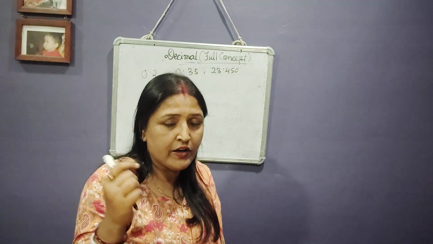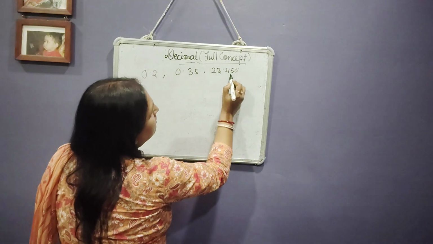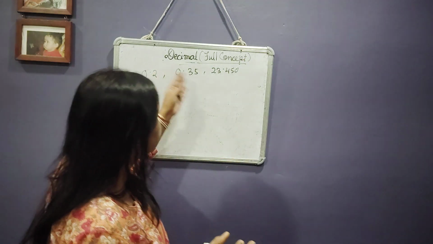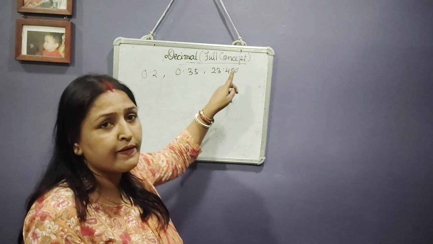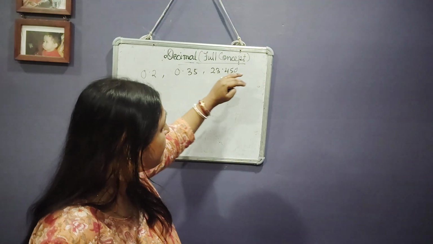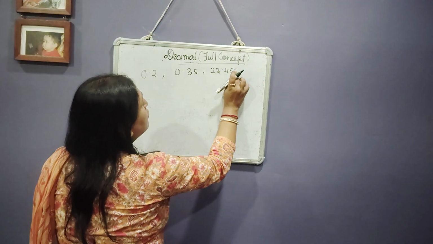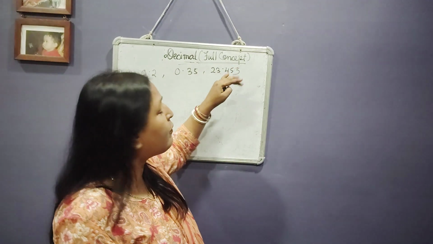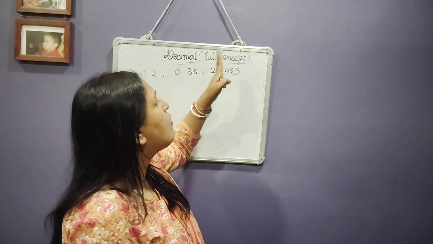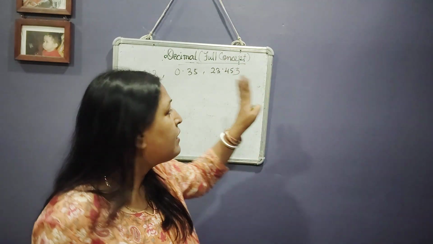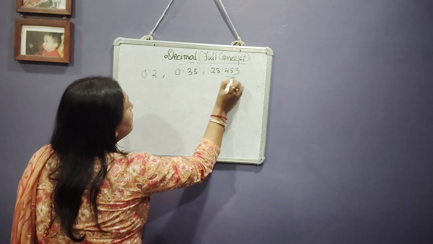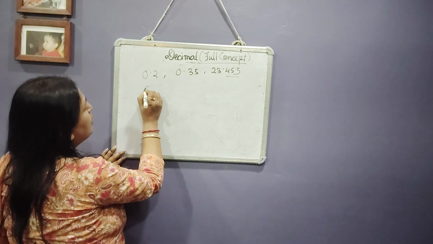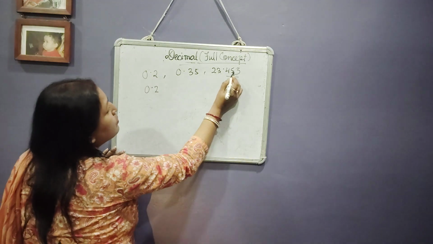There is one other very easy trick. Just look at the number which has the maximum number of digits after the decimal. In this case, 23.450 has the maximum digits after the decimal. So we convert the others: 0.2, how many 0s will we add here?